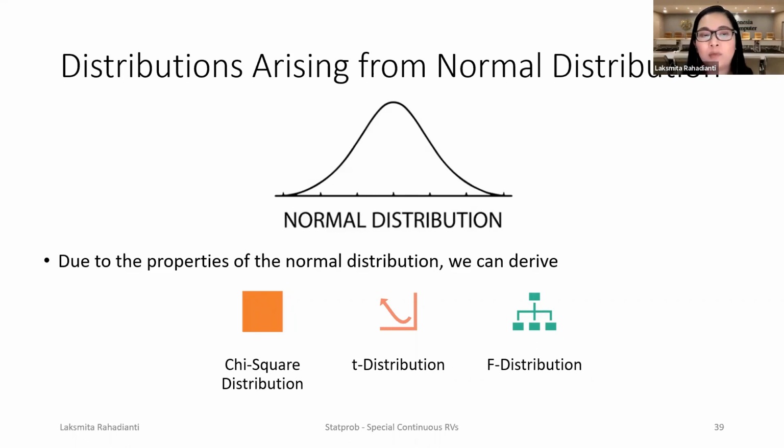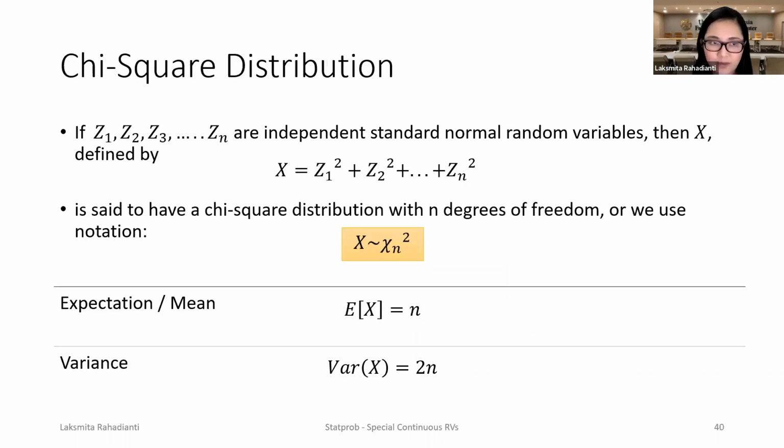So due to the properties of the normal distribution, we can derive some other distributions that are defined based on the normal distribution. The first one is the chi-square distribution.